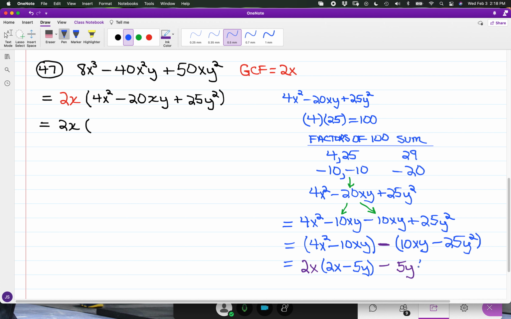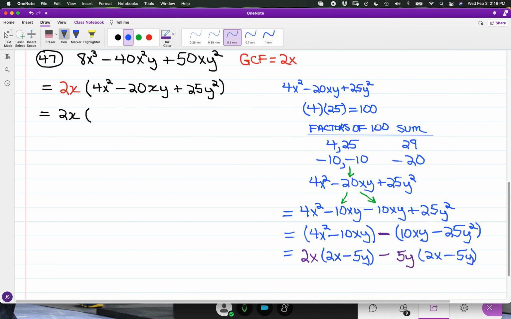And into the last two terms, we have 2x minus 5y. So we got 2x minus 5y, which is shared, and then combining the outside terms from the greatest common factors as well as the linking operation, we're going to end up with another 2x minus 5y.